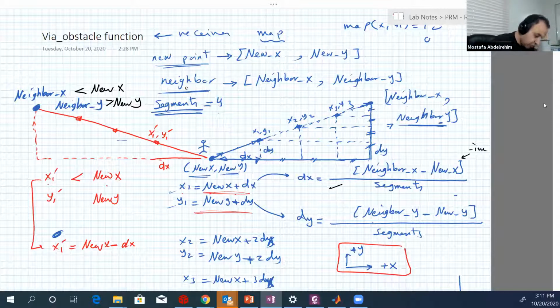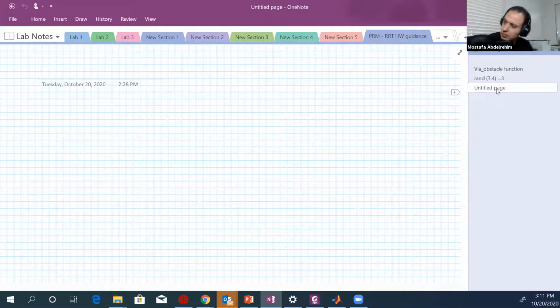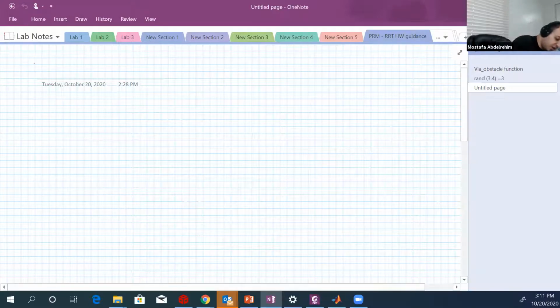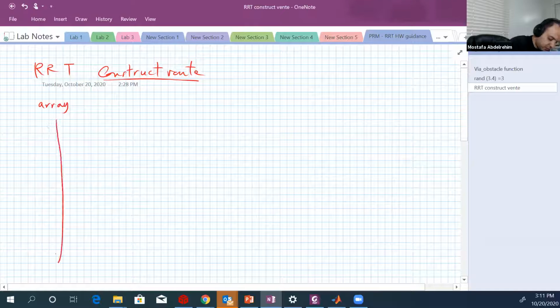Okay, so this was for the other construct route in the RRT homework. I asked you to construct the route, which is really easy. You will end up with an array like this in RRT, the graph array.